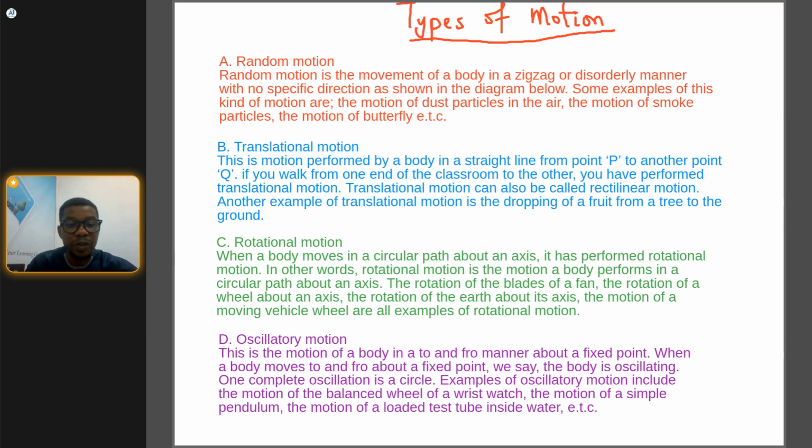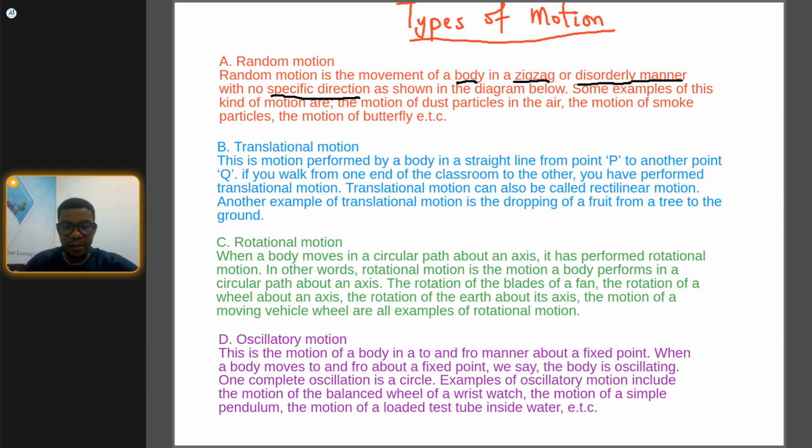The first type of motion is random motion. Random motion is the movement of a body in a zigzag or disorderly manner, with no specific direction, as shown in the diagram below.